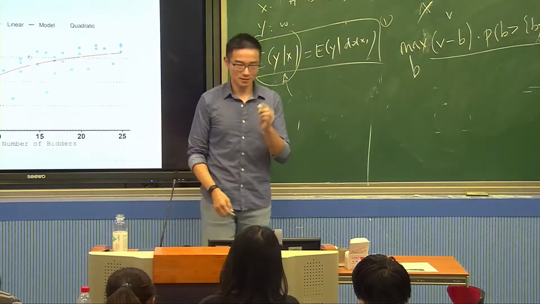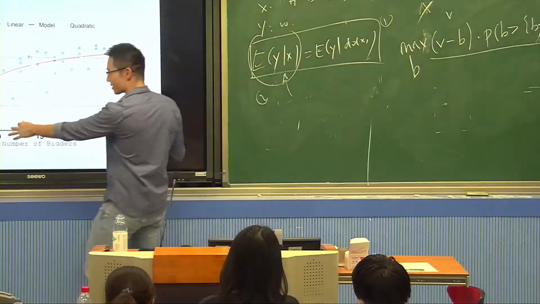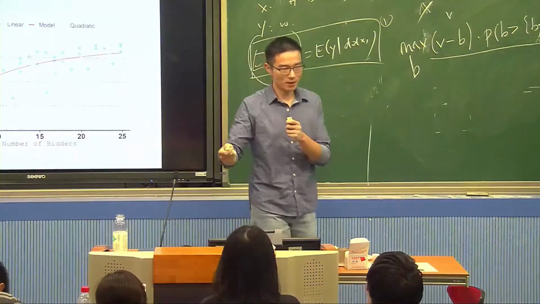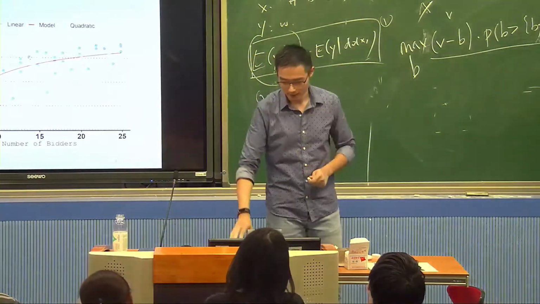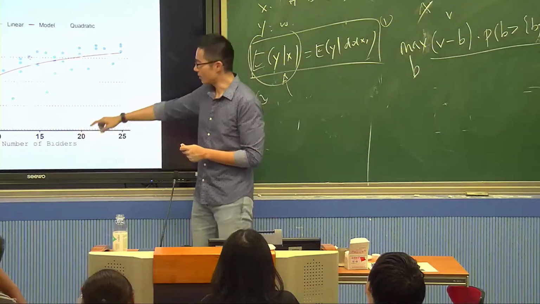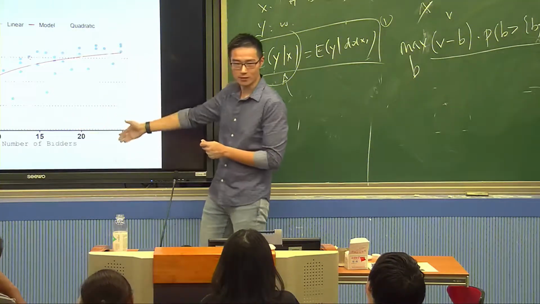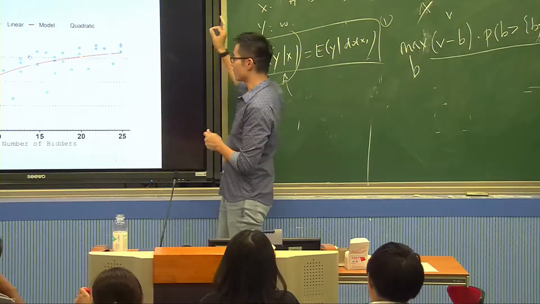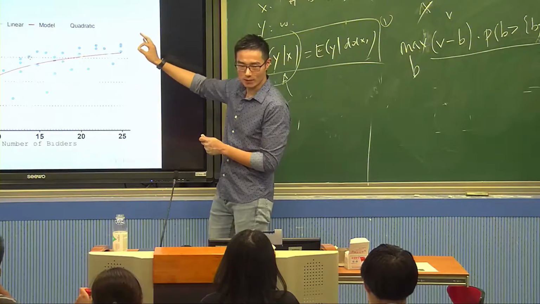Is it true? Well, in this range, it's true, because that's all our data. But if I want to predict something that's far away from my existing data, suppose I want to predict what happens if we have 50 bidders. Now, right now, we only have up to 25 bidders, right? The maximum is 25 bidders. If I want to predict what happens if we have 50 bidders, what is the winning bid?